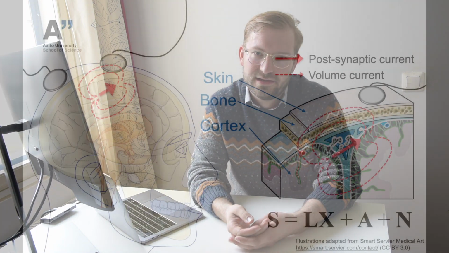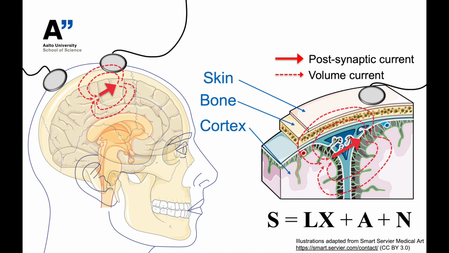We know that the neuronal EEG signals are coming from the postsynaptic currents, mainly in the cortex, and these postsynaptic currents drive volume currents that must travel through the insulating skull, and then they travel through the conductive scalp. EEG then is measuring the potential differences on the scalp resulting from these volume currents.